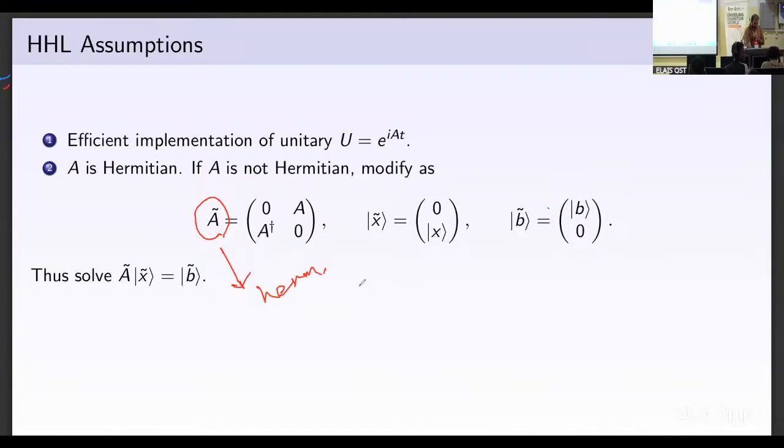So if the dimension of A was n by n, the dimension of the Hermitian matrix will be 2n cross 2n. So the dimension will just double. And similarly, you have to transform the other variables, that is the vector x and the vector b, so that they can be used in tandem with the new matrix. The modified equation now becomes A tilde x tilde equal to b tilde. So now you just apply HHL here and you solve for x tilde.